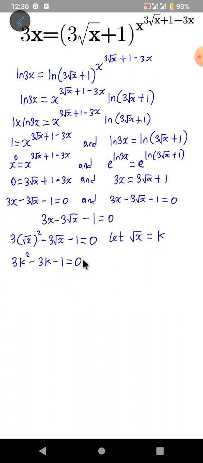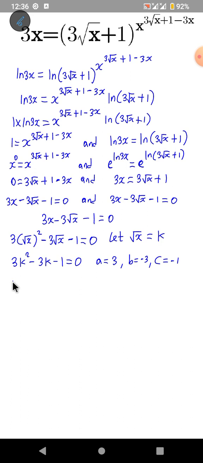Now, in this quadratic equation, my a is equal to 3, my b is equal to minus 3, my c is equal to minus 1. Then from here, I can write my quadratic formula.